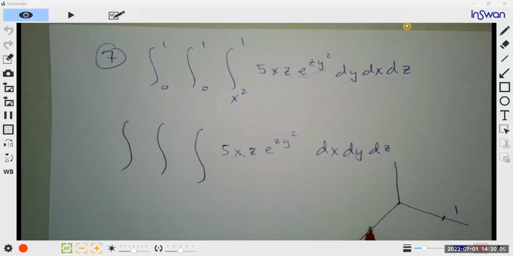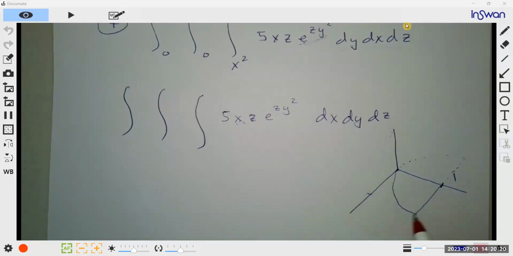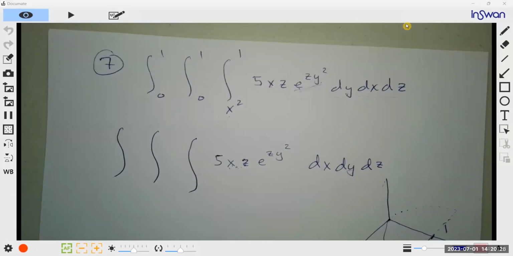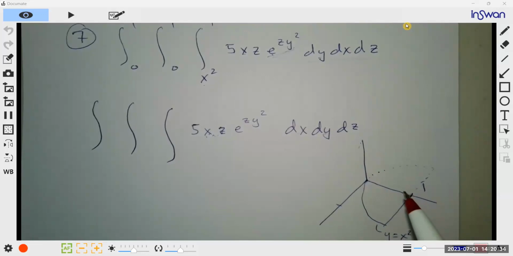This is going to be a parabola type, because that was the original bound. If you look at it this way, it enters at y equals x squared and exits at 1. Since we're doing x first, we have to solve for x, and it's only in the first octant, so we just take the positive.